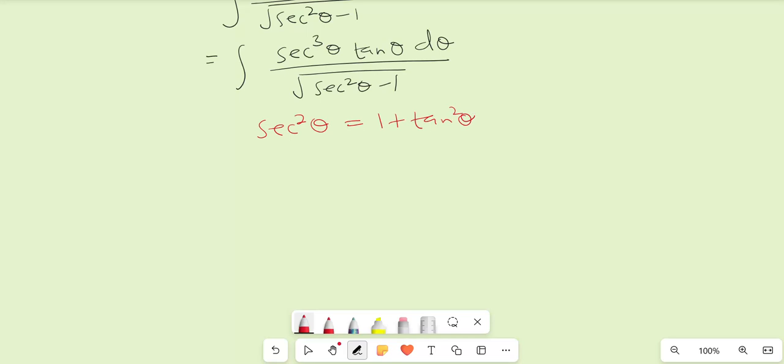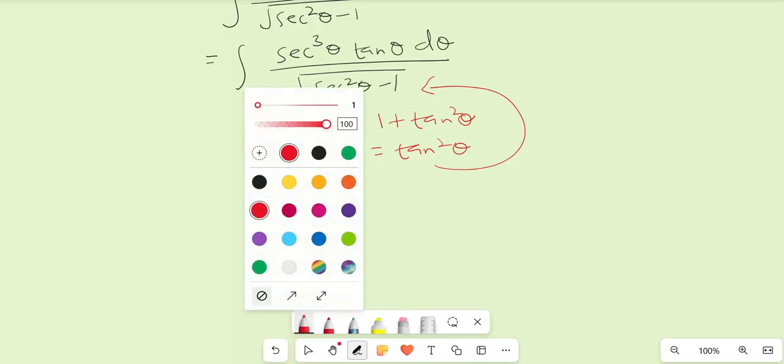So we can find an expression for secant squared theta minus 1 just by subtracting 1 from both sides. We have secant squared theta minus 1 equal to tangent squared theta. So in place of secant squared theta minus 1, we can plug in tangent squared theta.